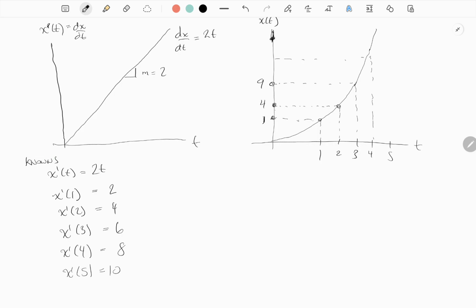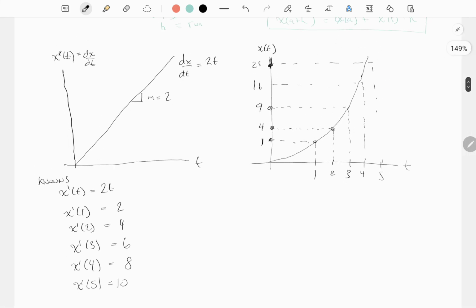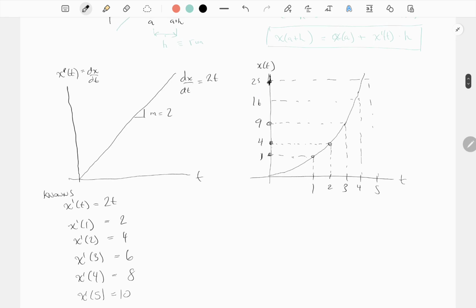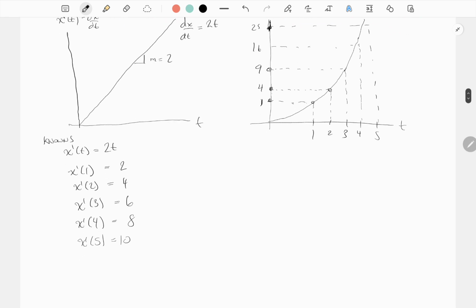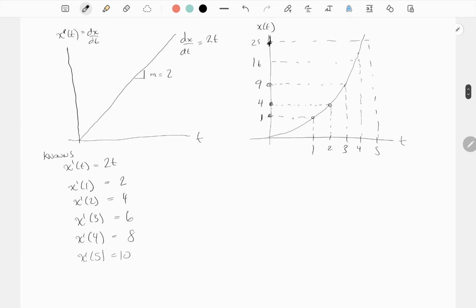Now, we know the actual values, right? So 4 squared would be 16, 5 squared would be 25, etc. So these are the actual values: 25, 16, 9, 4, and 1. But what does our algorithm give us?